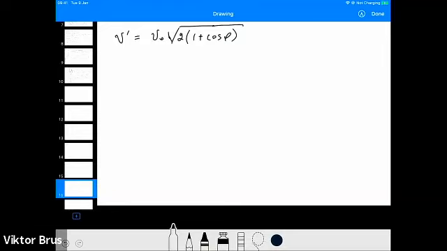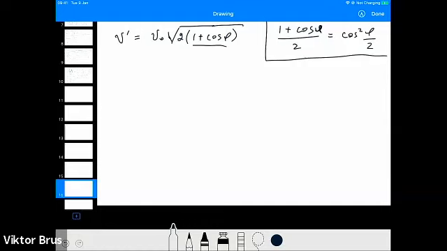And we need to keep in mind that 1 plus cosinus phi divided by 2 is equal to cosinus square phi divided by 2. So this you can check in the geometry, and that's why we can substitute this parenthesis by 2 multiply cosinus square phi divided by 2.